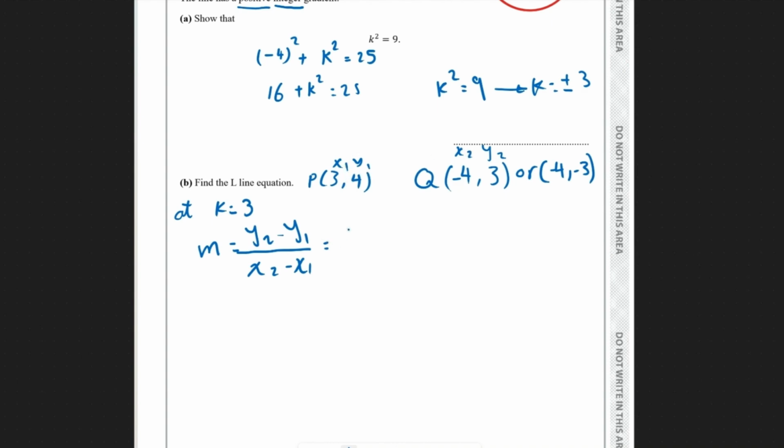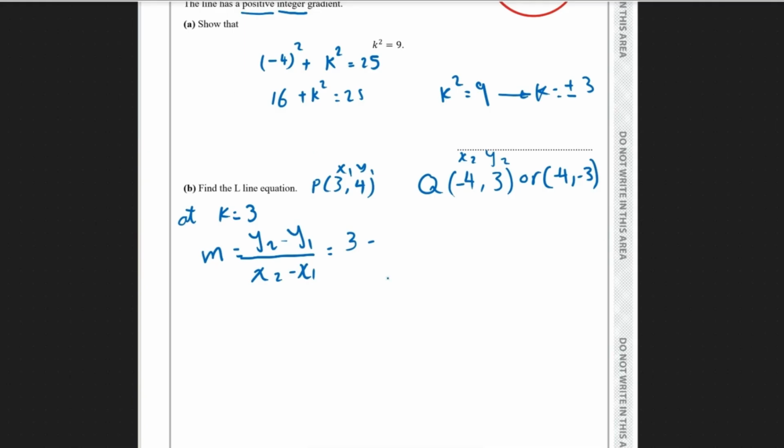That means it would be 3 take away 4, divided by x2, which is minus 4, take away x1, which is 3. That makes minus 1 divided by minus 7. Minus divided by minus is plus. That means 1 over 7. This is not an integer number. So let's go to the other one, at k equals minus 3.